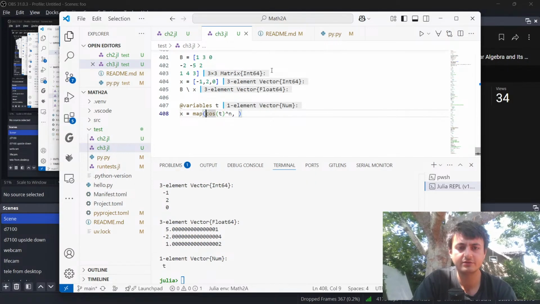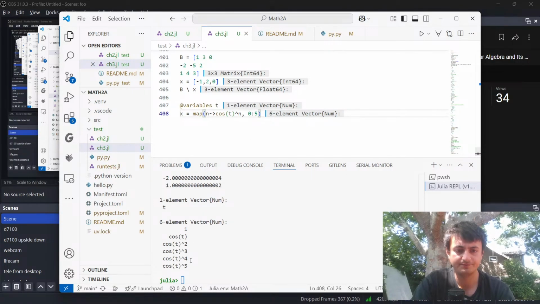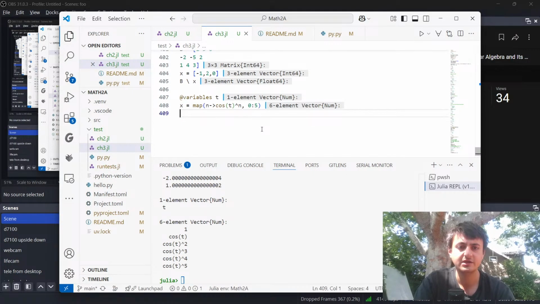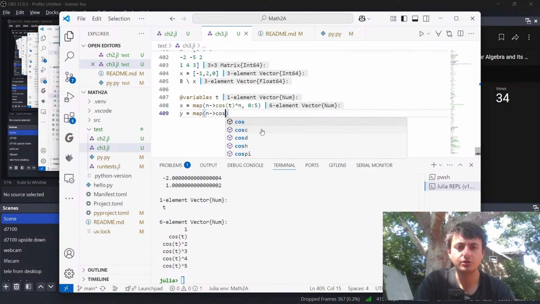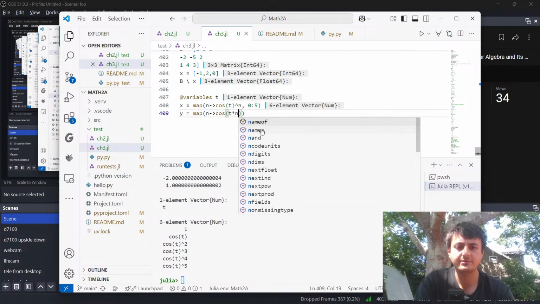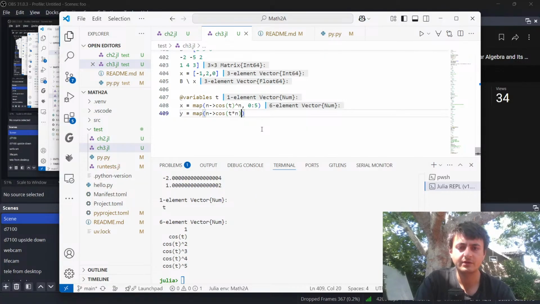Oh wait, we have to make an anonymous function. And then this is going to be 0 to 5. There we go. Okay, cool, so that's x. Now y is equal to map n to cos of t times n, 0 to 5. Okay, there we go.